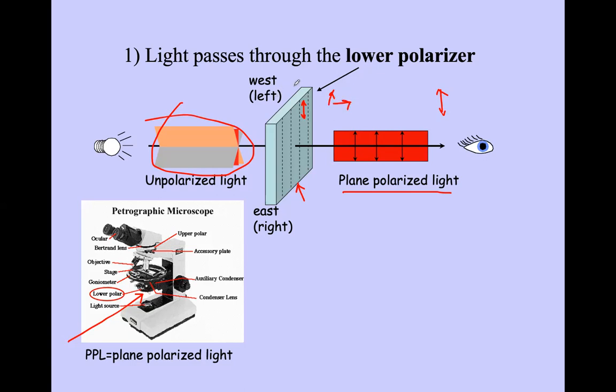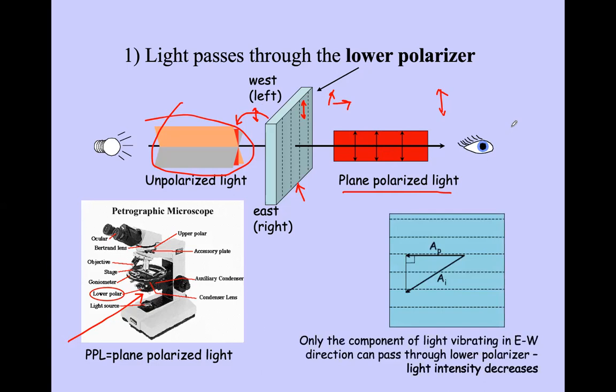So the light rays vibrating parallel to this direction will be permitted to pass through. That goes as a reduced strength light beam, which we call plane polarized light. It can still move through, but only in one direction, so light intensity decreases.